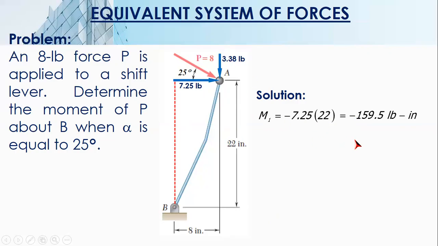Ang dalang imto kini 3.38. Ato ipadool para di ka maglibog. Mo din yung perpendicular distance. So this is 3.38, distance din niya 8 din. Negative also kay dili ka mo rotate, mo form ka og circle clockwise man na.